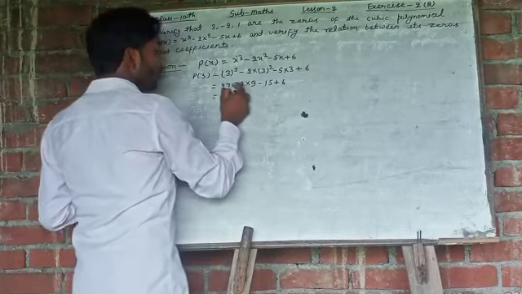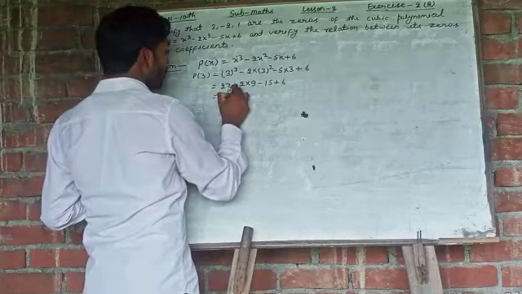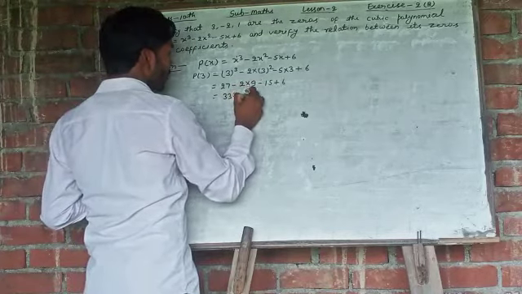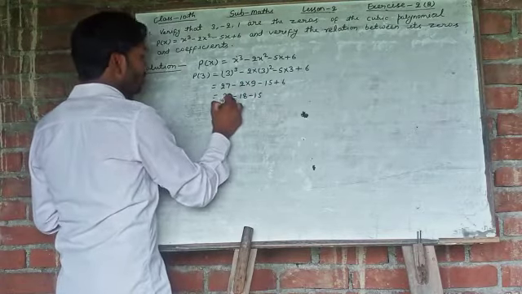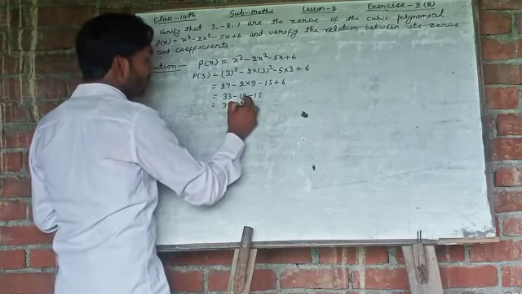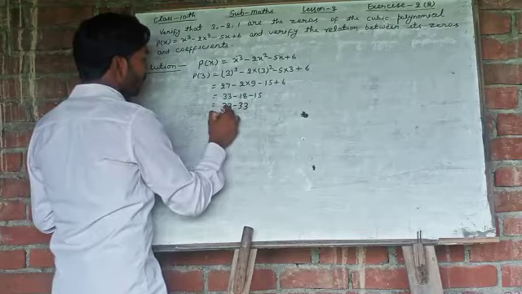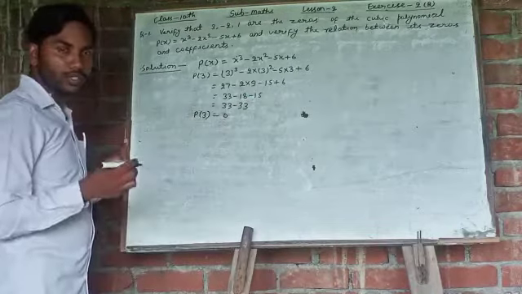So it will be 27 and 6, 33, minus 18, minus 15. These both are negative, so they will be added. So 33 minus 33 is 0. So here we get p(3) = 0.